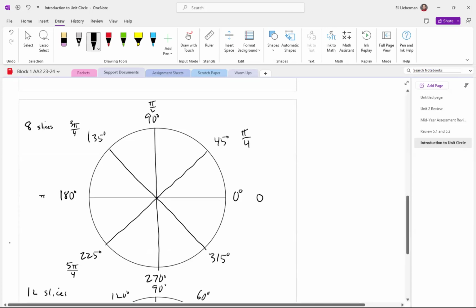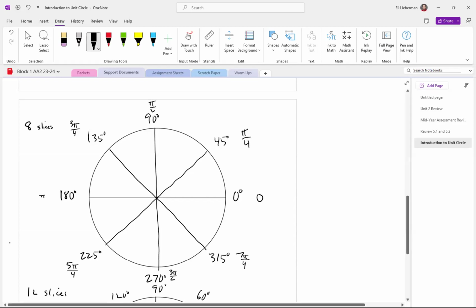Okay, before you go on, are we good with that 5 pi over 4? Does that make sense? Does 5 pi over 4 make sense, everyone? Can you do some crazy calculations to get there? Okay, keep on going. And then 3 pi over 2. Oh, and then 7 pi over 4.